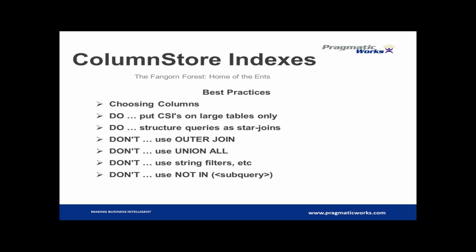Jeff says, if you say no outer joins or union all, and the user does perform these actions, yep, the optimizer will use row processing as opposed to batch processing.